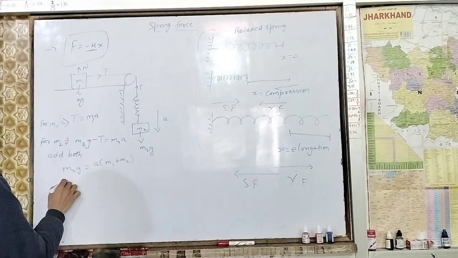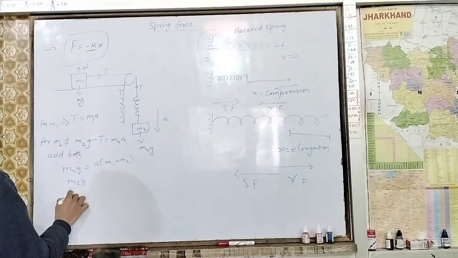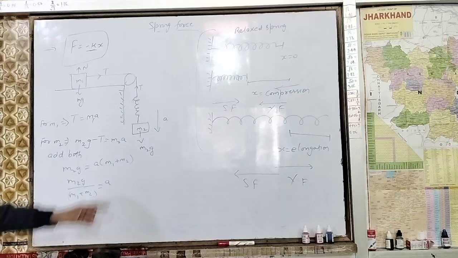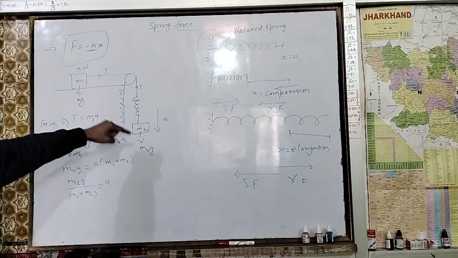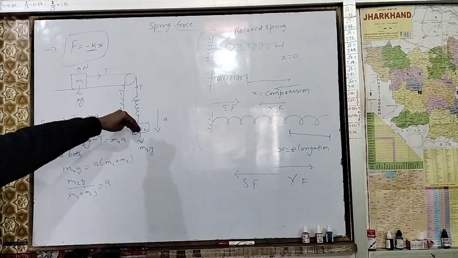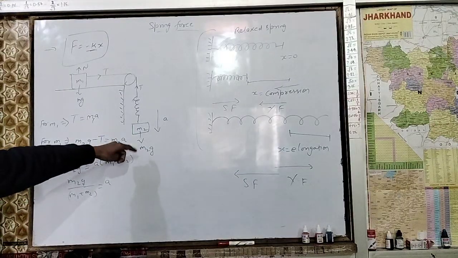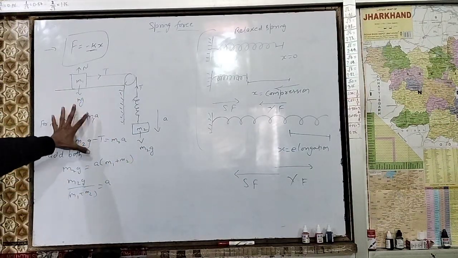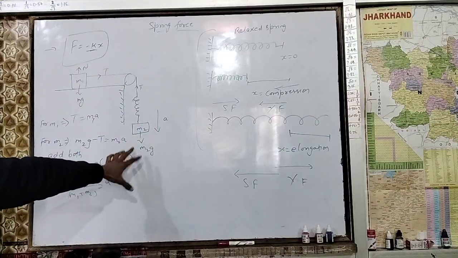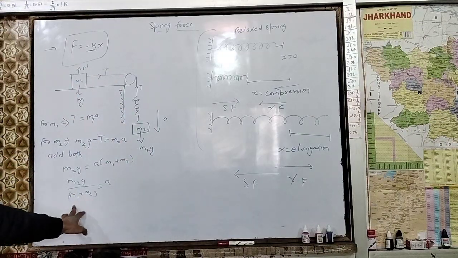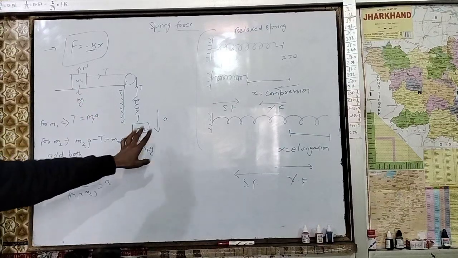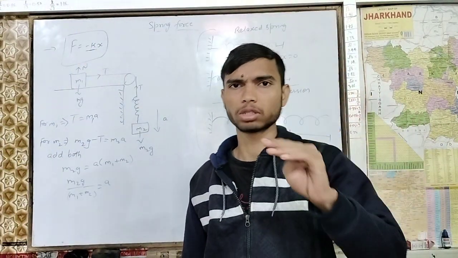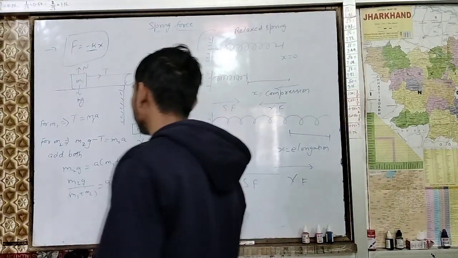So you will get the value of a, which is equal to M2g upon the total mass M1 plus M2. The net external force on all the bodies is M2g, as there is no backward direction force. So the formula is the same: a is equal to total force upon total mass.